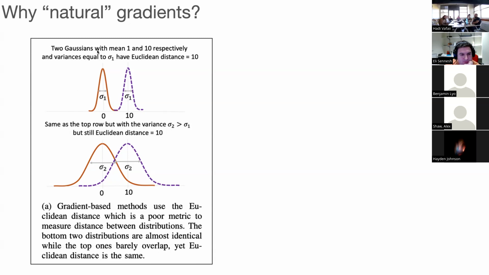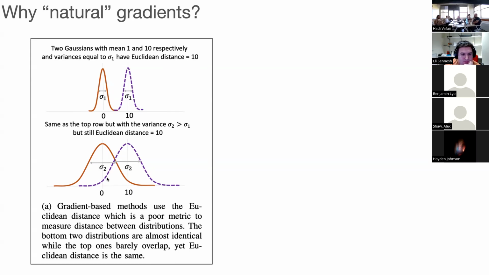There are two Gaussians with mean 1 and 10. Actually, it should say 0 and 10, I think. And the variances are equal here. In this case, the mean parameters have Euclidean distance 10, because this is mean 0, this is mean 10. And the variance doesn't matter because in Euclidean distance, there's no such thing as Fisher preconditioning.